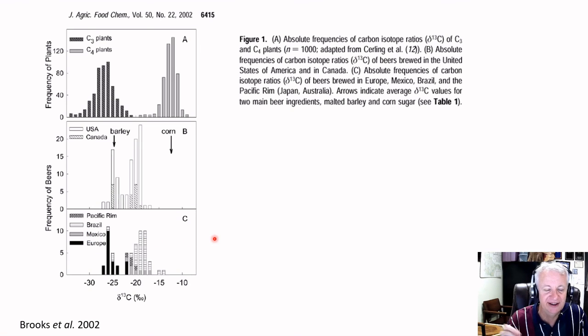So that's a neat way of detecting, for instance, what kind of plant sugars were used to make that particular kind of beer. Many other examples of application of carbon isotopes in the plant sciences out there, but this sort of gives you a flavor of how they might be used.